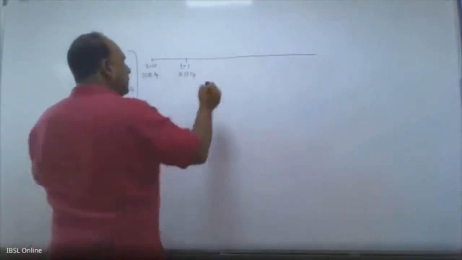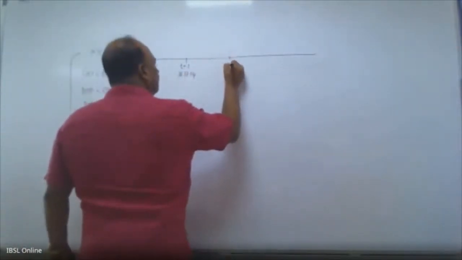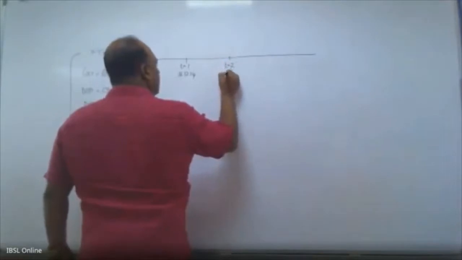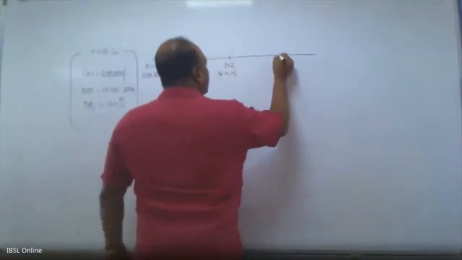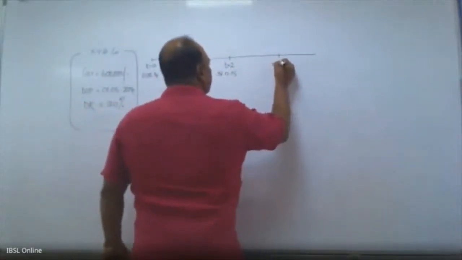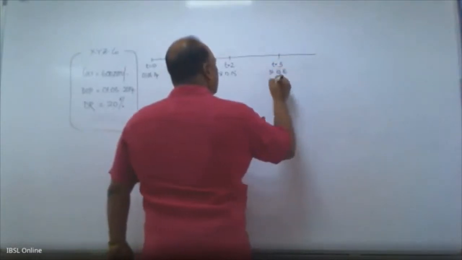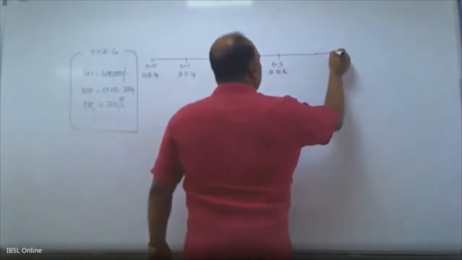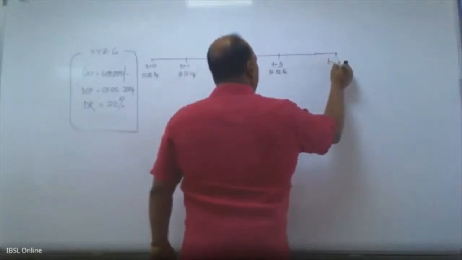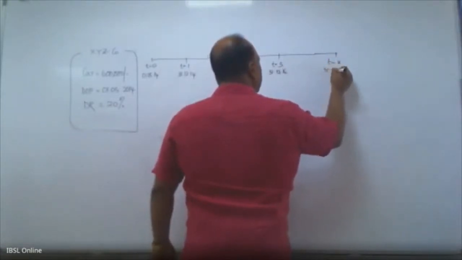T equal 2, 31st December 2015. T equal 3, 31st December 2016. And t equals 4, which is our question, 31st December 2017.